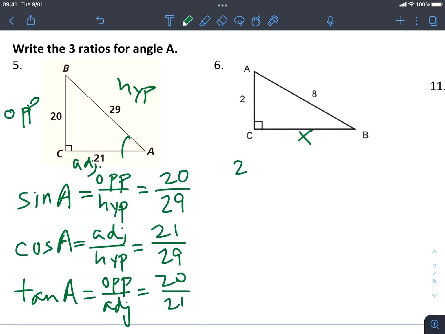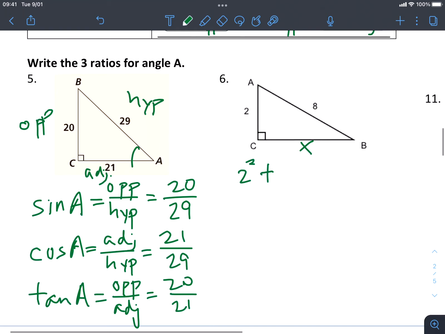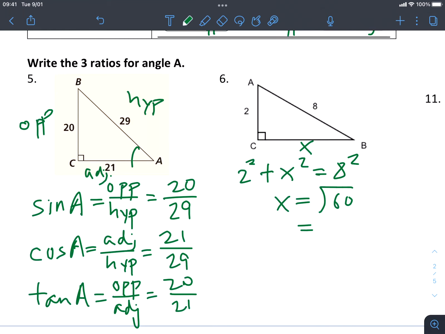So I would do 2 squared plus x squared is equal to 8 squared. When you solve all this out, you get x is equal to the square root of 60. So that is your x, and you could actually simplify this to 2 square root of 15.